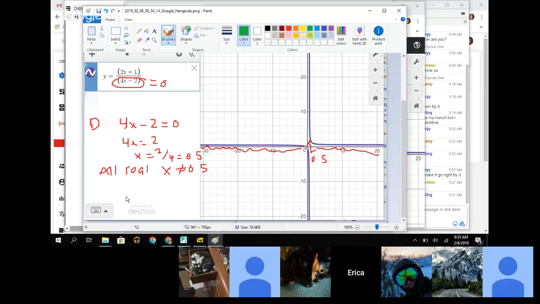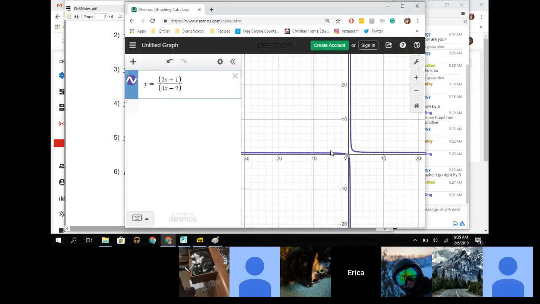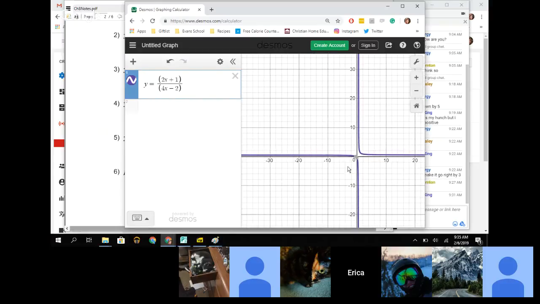We didn't explicitly talk about this, but let's look at the range. Okay, first let's look at our graph. If I was trying to determine this on my graph, I have some value that it gets down to, but never quite gets to.